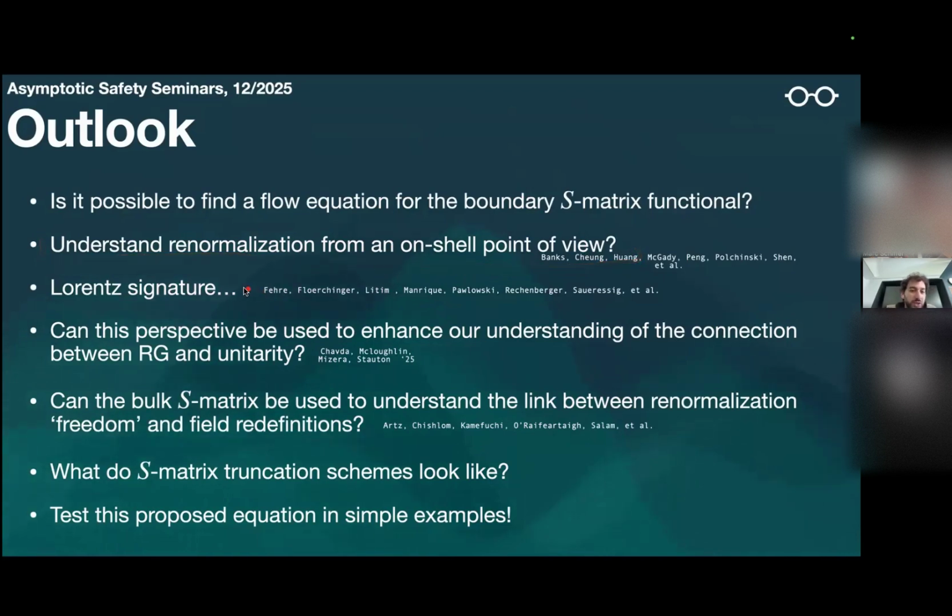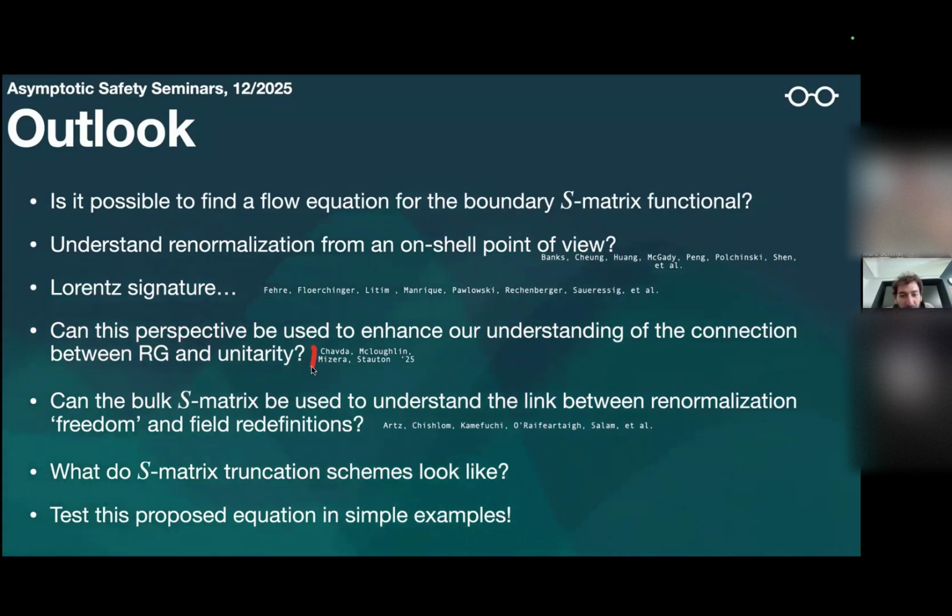Then, of course, the challenge is that at some point in the FRG derivation, the very first step was to Wick rotate. But if we really want to deal with scattering amplitudes, we should deal with real time. So we are very sympathetic to the line of research in which FRG techniques have been extended to Lorentz signature. Then, we are hopeful that this perspective can be used to enhance our understanding of the connection between RG and unitarity.